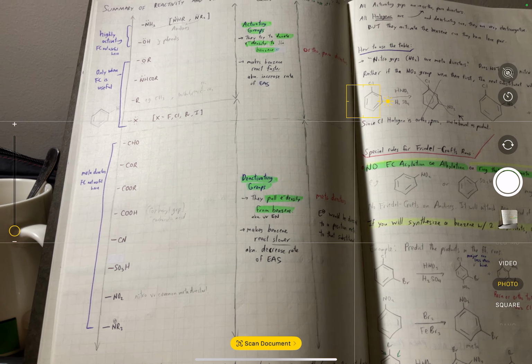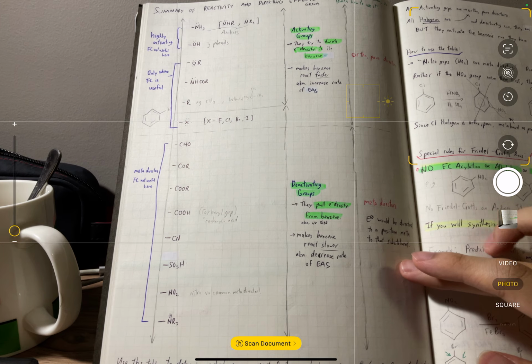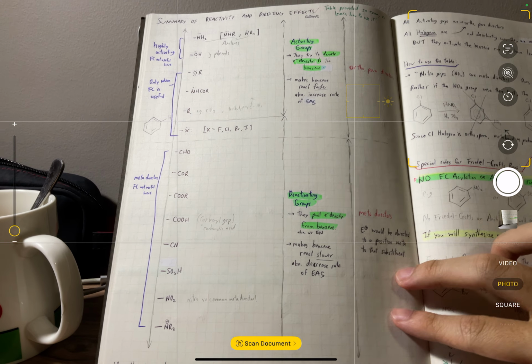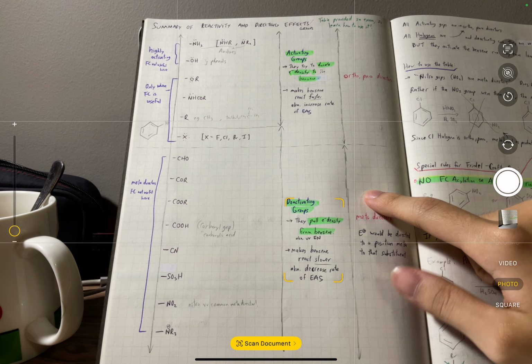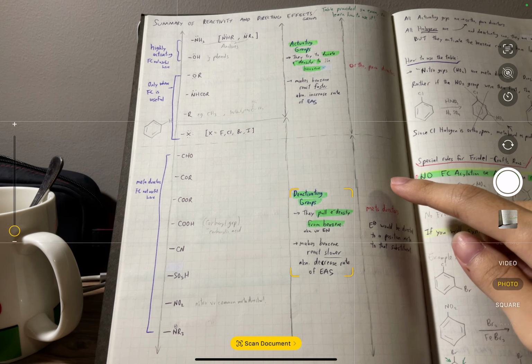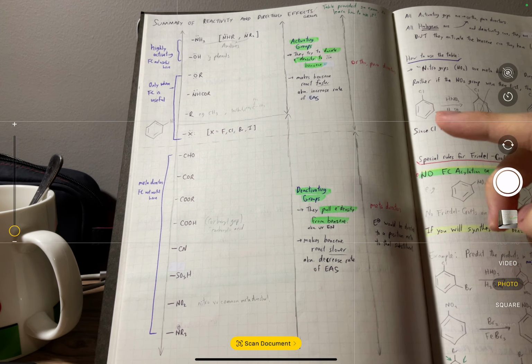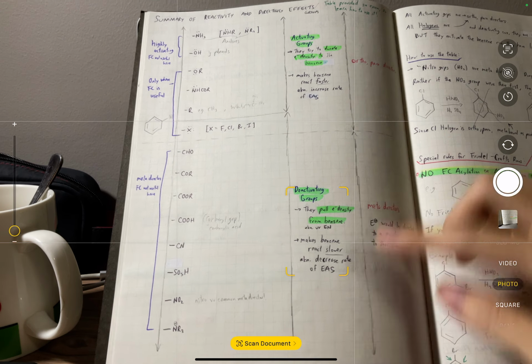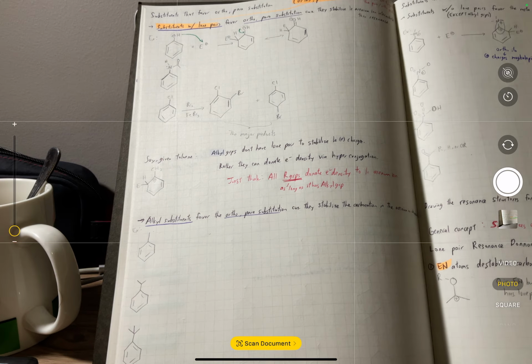Let me just use my camera. So, this is the summary of reactivity and directing effects. This is going to be provided in the exam. The only thing you have to do, and it's already pretty generous if you think about it, is that you have to know how to use it. So it basically summarizes the rules earlier.